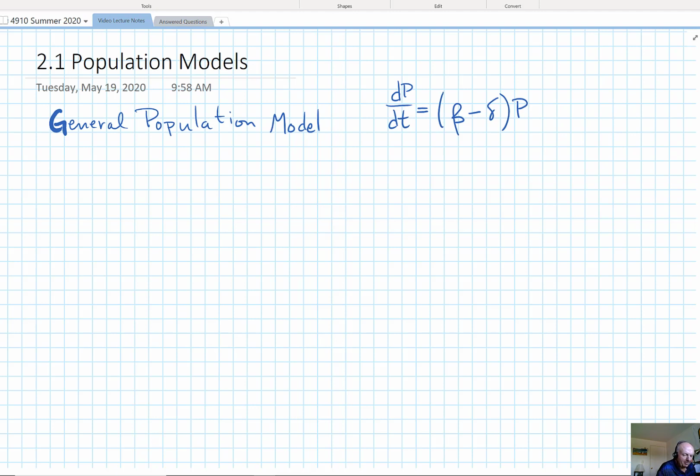And of course we are trying to solve that for the function P, so that we have a formula that gives us the population at any given time.